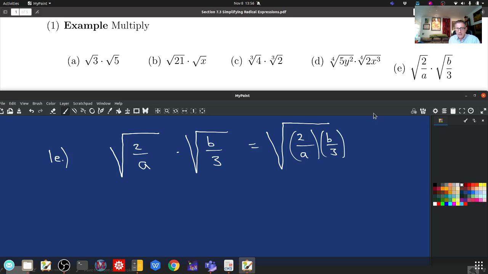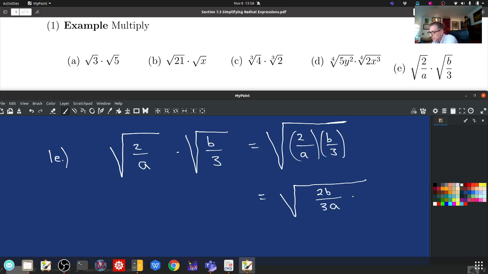And make sure when you do this that you extend the radical symbol all the way over so that it includes the numbers under the radical. So the final simplification needed here, 2 over a times b divided by 3 is just simply 2b divided by 3a. And that can't be simplified at all.